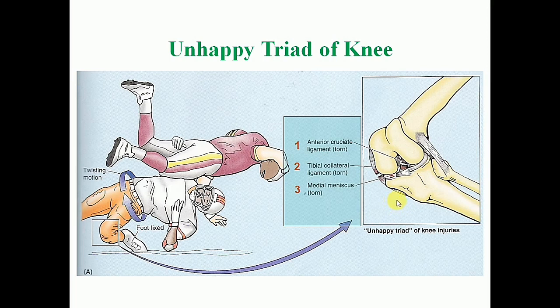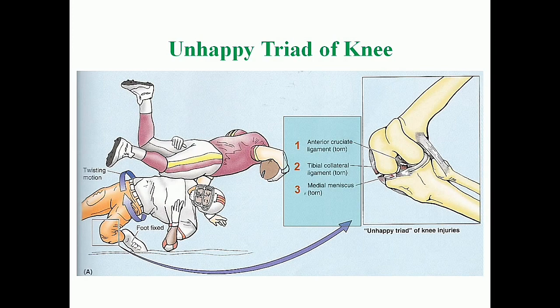The lateral meniscus is protected by the popliteus, which pulls it backwards so that it is not crushed between the articular surfaces, whereas the medial meniscus is more commonly ruptured because of its fixity to the tibial collateral ligament and because of the greater excursion during rotatory movement.